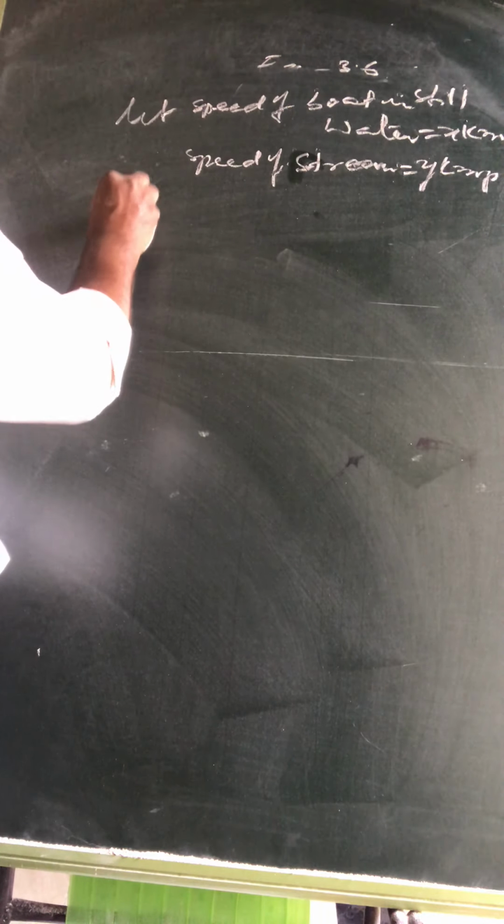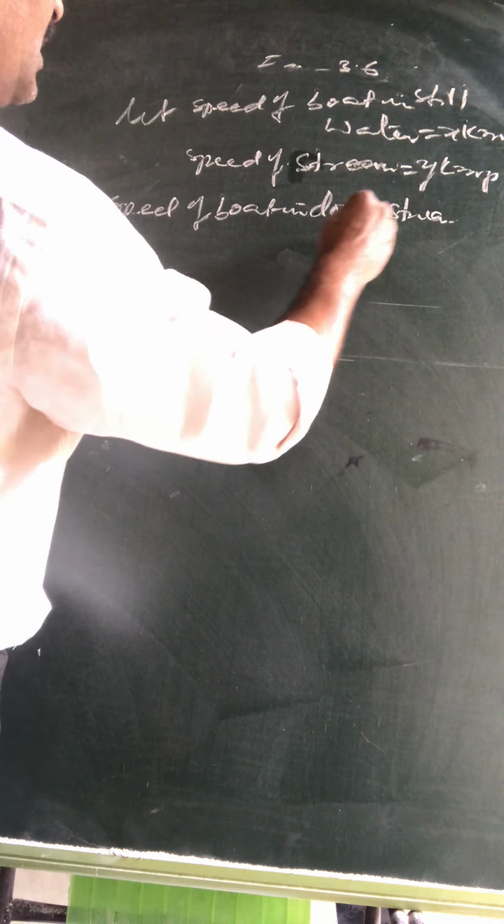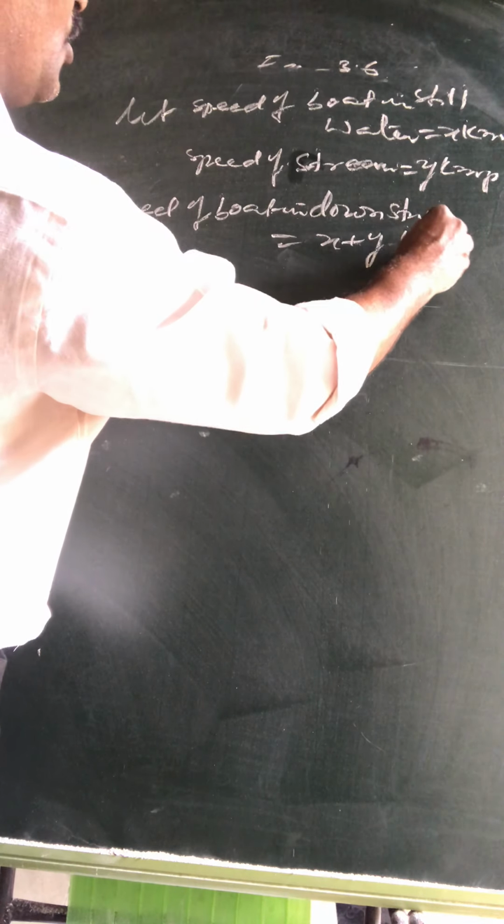We don't know the speeds, we have to calculate them. Now the speed of the boat in downstream is x plus y kilometers per hour. Why? When it is going in the same direction, the speed of the boat is increased by the speed of the stream. Its speed is x and the speed of the water is y, so the speed of the boat in downstream is x plus y kilometers per hour.